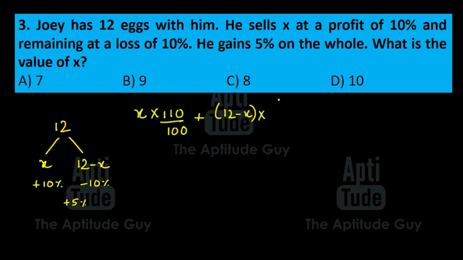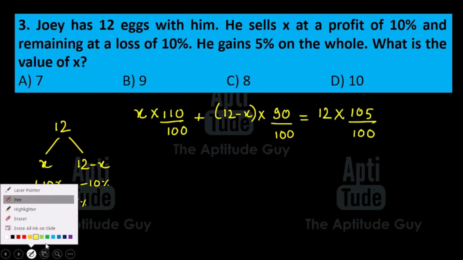These eggs are being sold at a loss of 10%. Loss of 10% means 90%. This is equal to overall. How many eggs are there? We have 12 eggs, and 12 eggs are being sold at a profit of 5%. Profit of 5% means 105%. That's it. That is our equation.